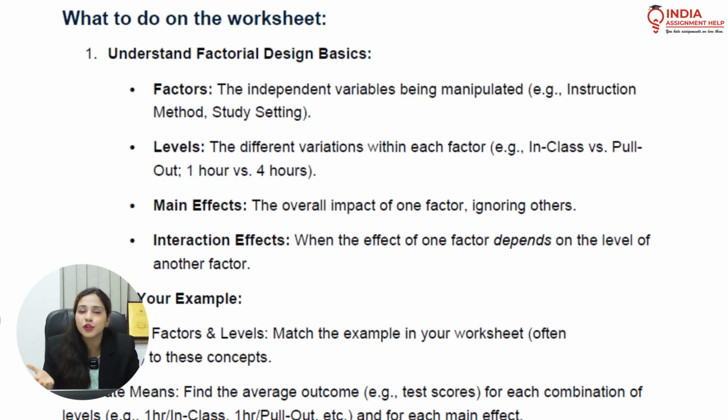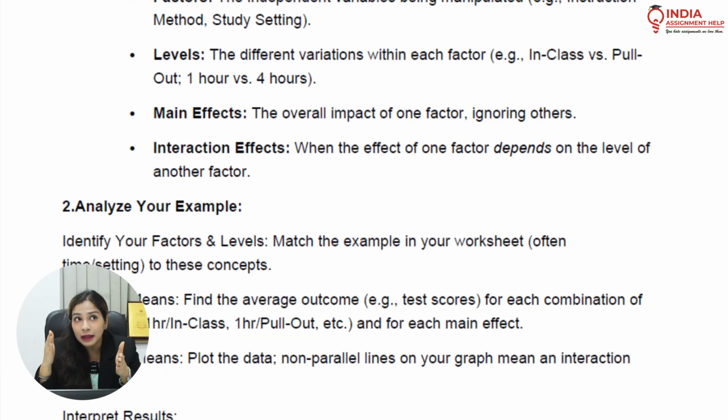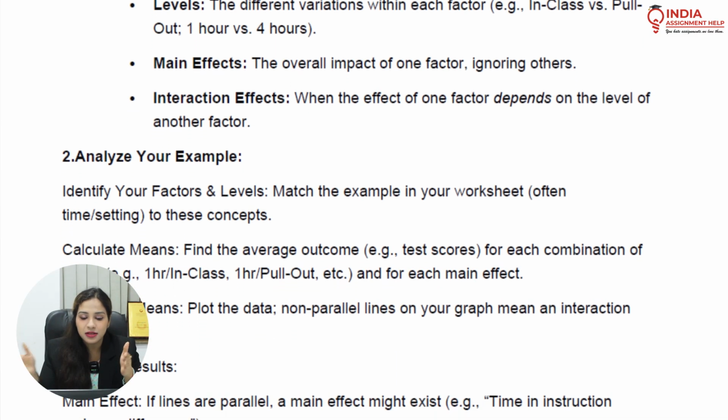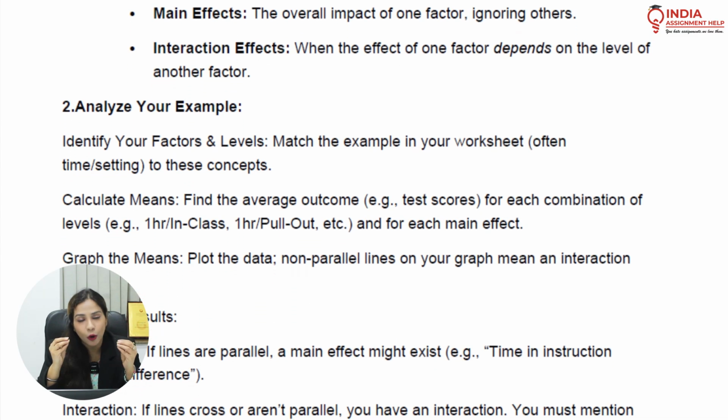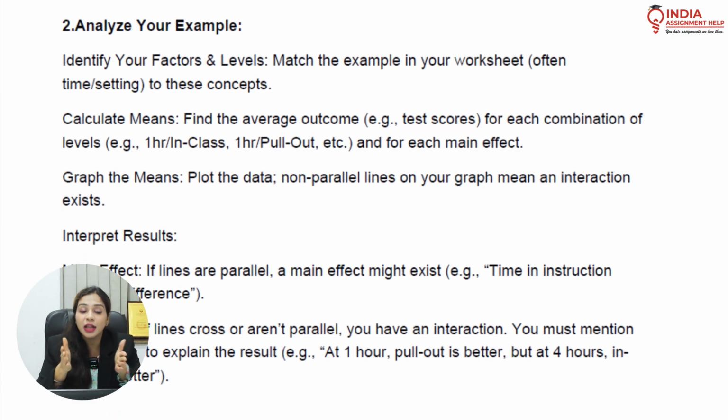So what do you need to do in this worksheet? You should have different factors, that is the independent variables being manipulated, the levels, the variation of the impact of each factor, the main effect, the overall impact of that one factor, and the interaction effects, that is the level of interaction between the two variables.